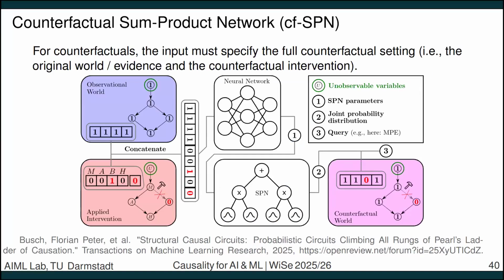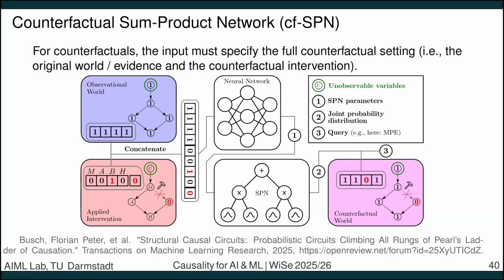And similarly, once we are able to approximate or estimate interventions, we can also extend it to counterfactuals. So this is the figure from the paper from Florian from our lab. Basically, what we need to do is we first need to have the approximation of the observational world.